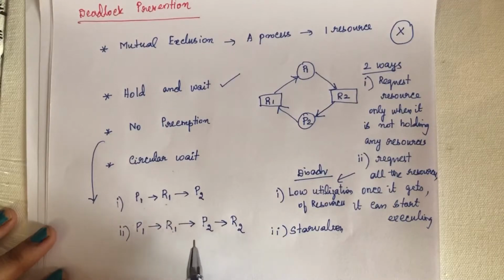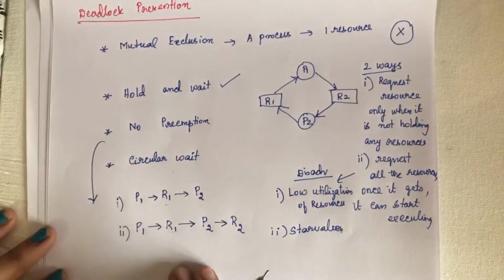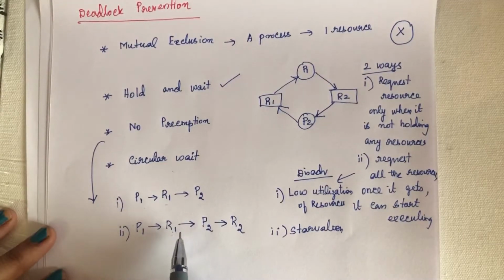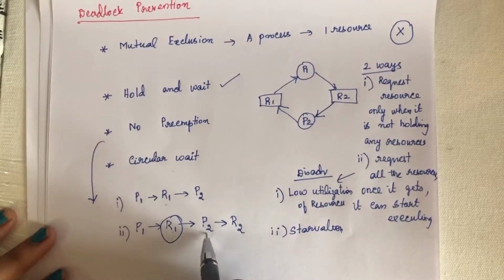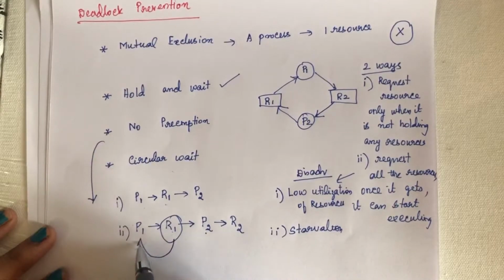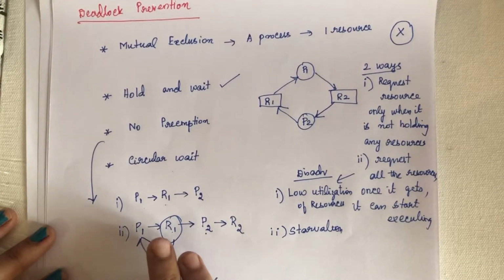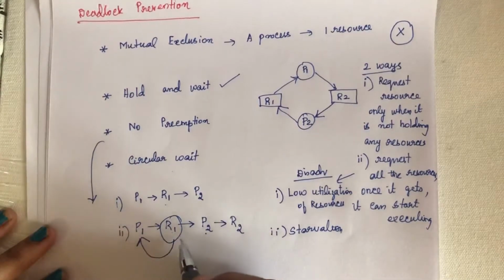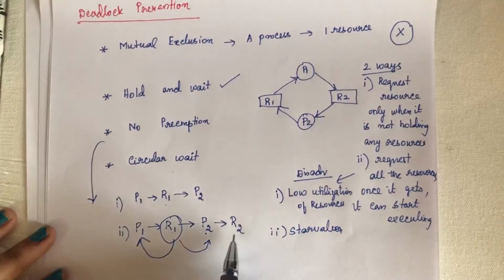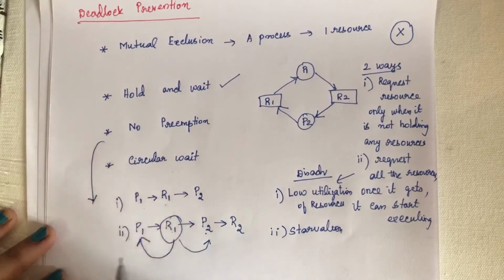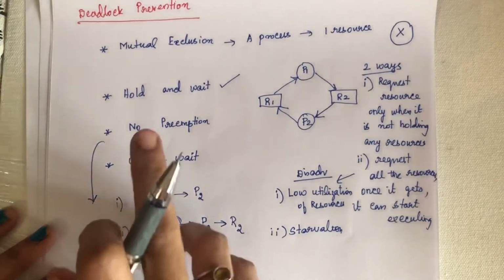In this case, the operating system knows the condition. It will forcibly release R1 from P2. Then it will allocate R1 to P1. So P1 will start executing and finish all its work. After some time, it will release R1, and R1 is given back to P2 once it gets R2. So this is the second way of avoiding no preemption.